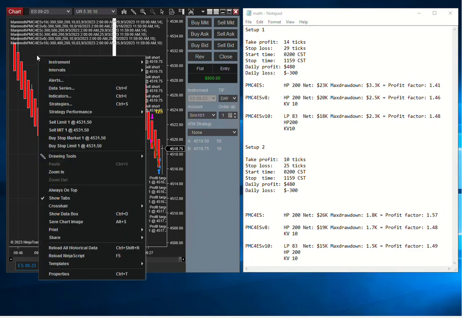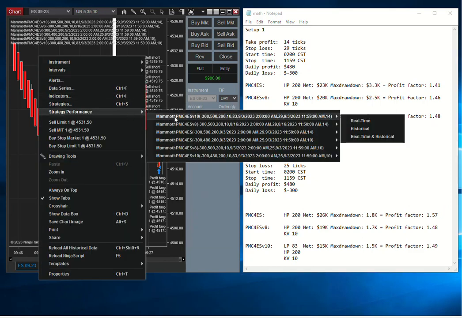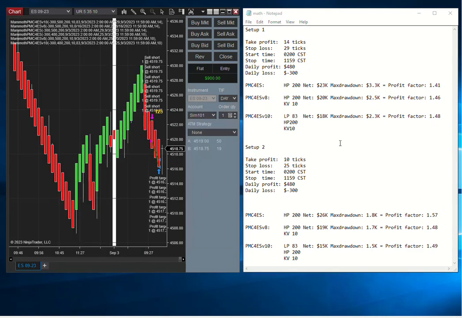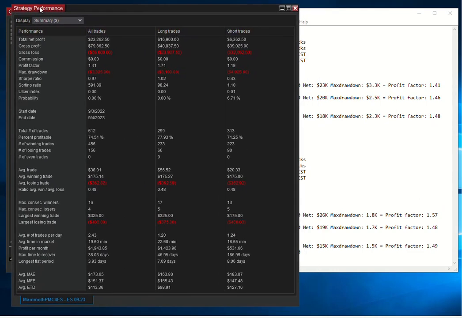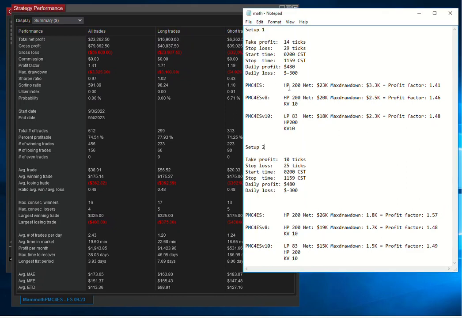Now, let's see. This is the one, right? Let's look at ES, and 14 is the profit target. Now I'm going to show you PMC 4ES for this setup, 14 and the 29, and you look at net profit 23K.